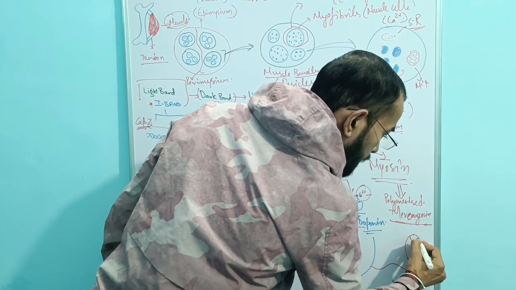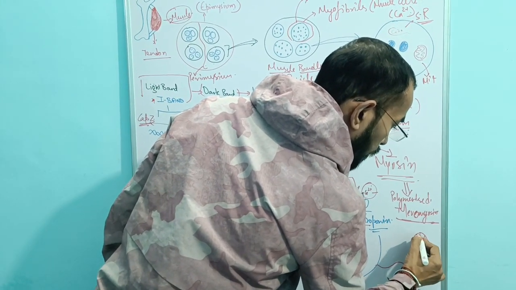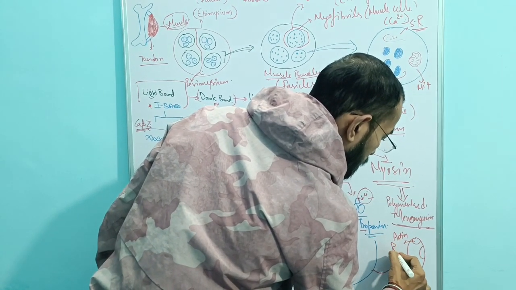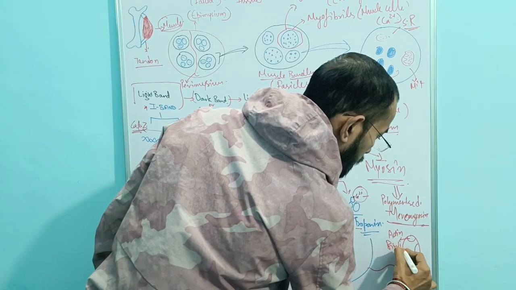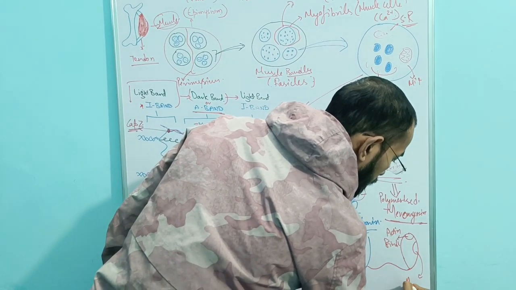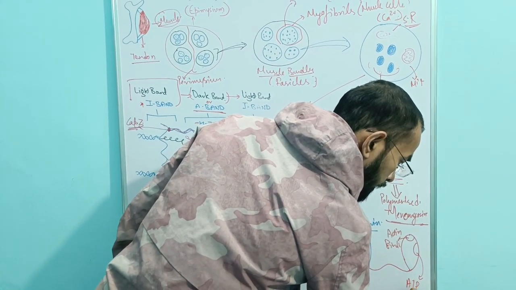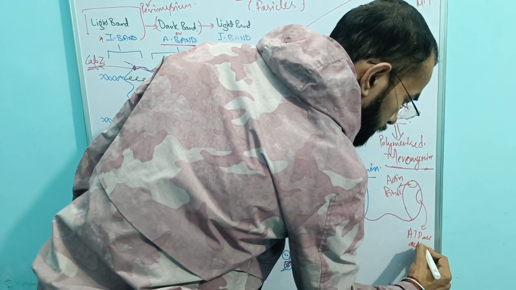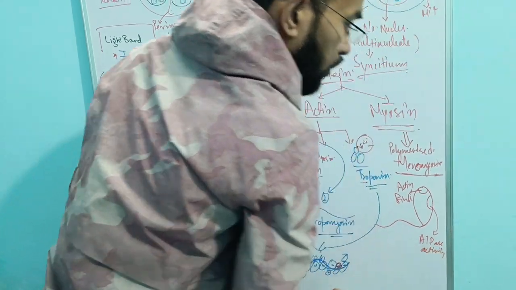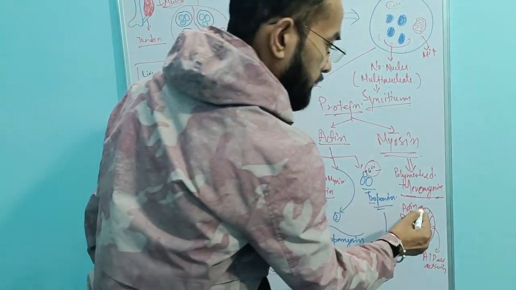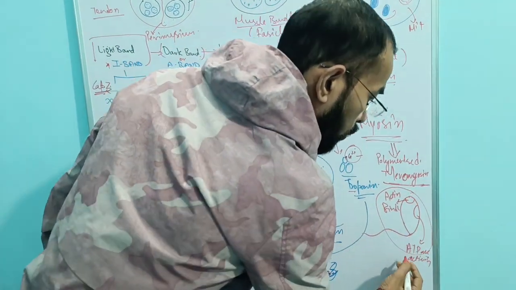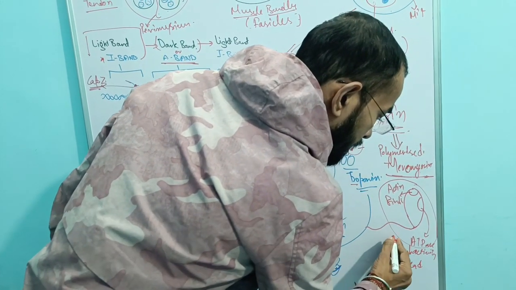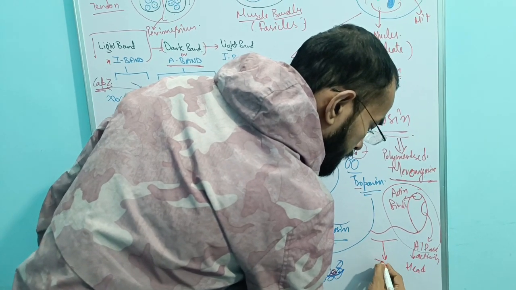The globular head has two sites. One is for actin binding and one is for ATPase activity. The globular part of meromyosin is known as head, and the thin elongated part is known as tail.